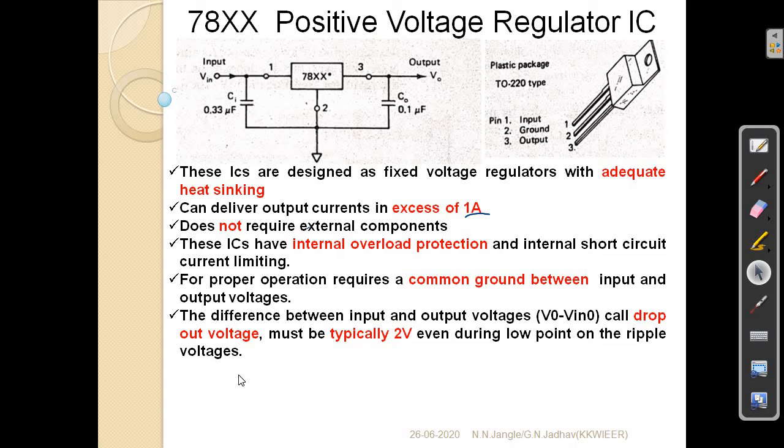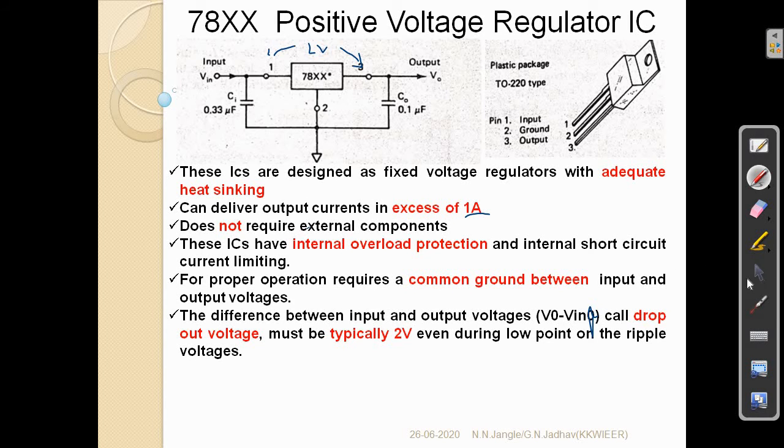The difference between input and output voltage, that is Vin minus V0, is called the dropout voltage. That means the voltage present between pin number 1 and 3 is approximately 2 volts for IC 78X6.